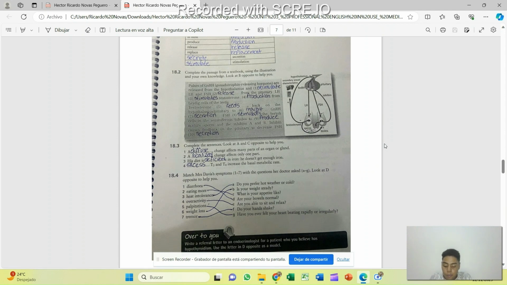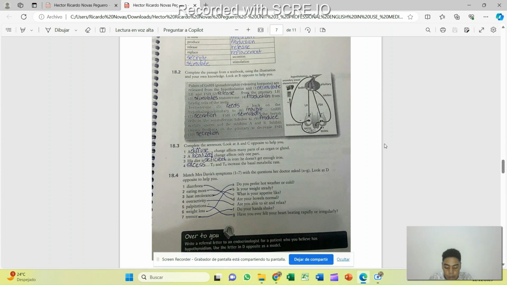LH stimulates testosterone production from Leydig cells of the testis, and testosterone feeds back on the hypothalamus to inhibit GnRH secretion.